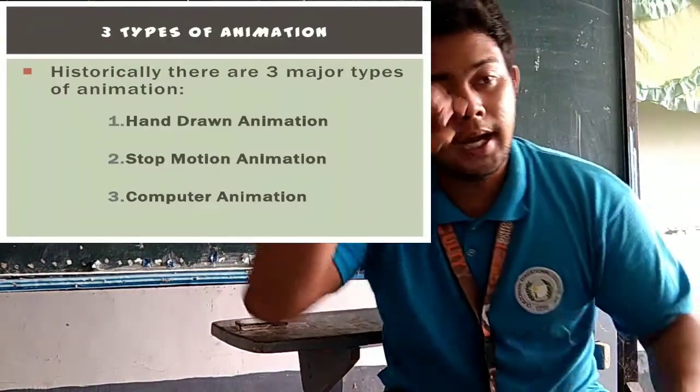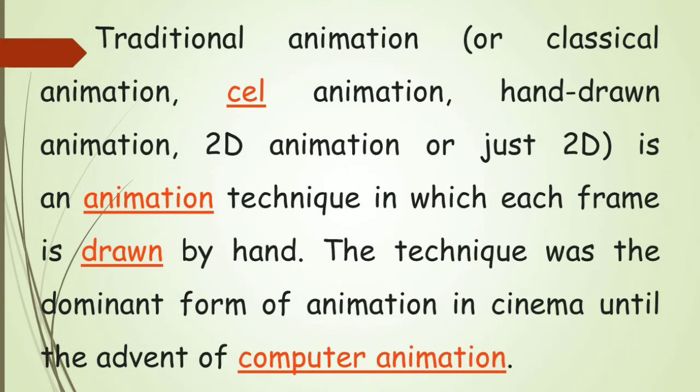From the traditional or classical animation, hand-drawn animation, 2D animation, or just 2D, is an animation technique in which each frame is drawn by hand. The technique was the dominant form of animation in cinema until the advent of computer animation. This type of animation was used before the computer came.